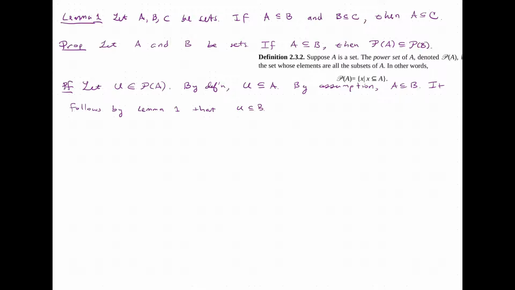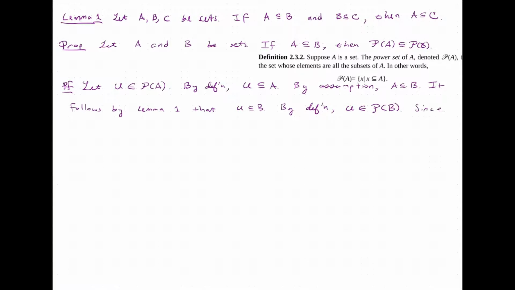And so in particular, by definition, since U is a subset of B, we have that U is an element of the power set of B. But now we have started with U in the power set of A, and we have shown that U is in the power set of B.